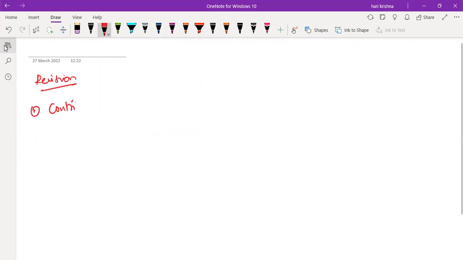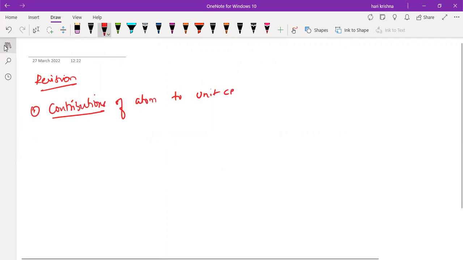First, the contributions of atom to unit cell. From the corners, what is the contribution part?